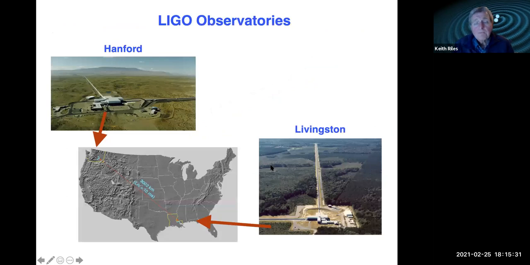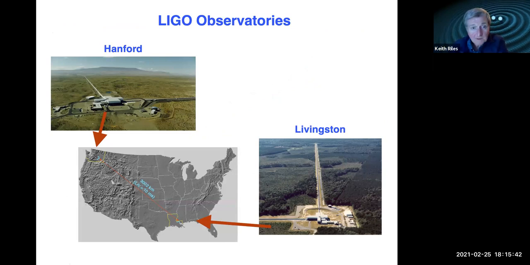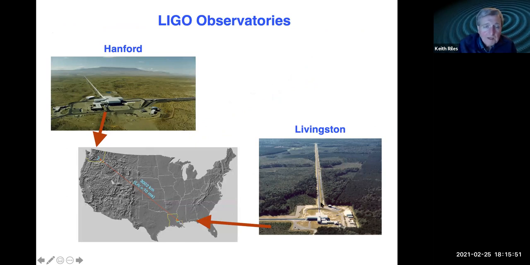Okay, so let me talk a little bit about the actual observatories. One of them is in Washington State, the Eastern Washington Desert. It's actually in the Columbia River Valley. That's at Hanford. And then there's another observatory in Livingston, Louisiana. It's in a pine forest, as you can see here.